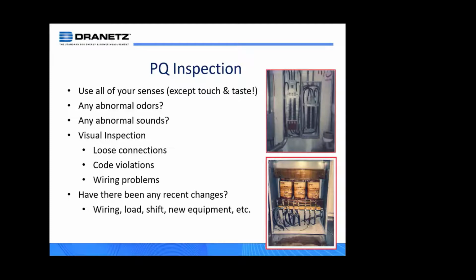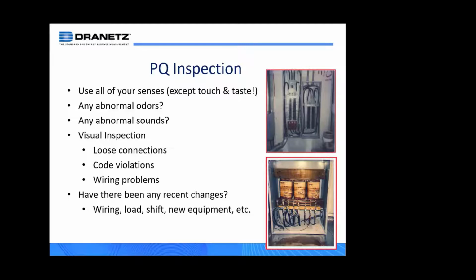And then you also have code violations. Are you violating code? One of the most common that we see is illegal neutral to ground bonds, where you have a sub panel and you have ground and neutral bonded at the sub panel. That violates the code. So you look for things of that nature. And then for new installations, always look for wiring problems.